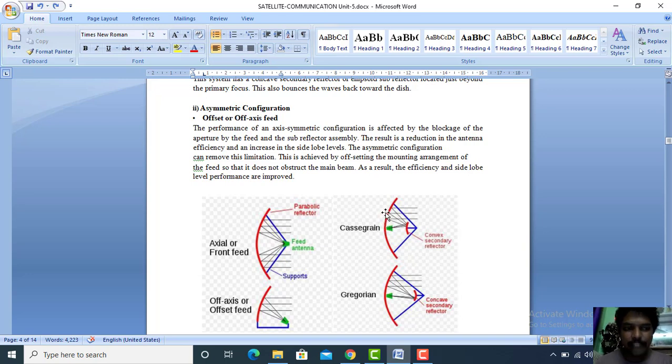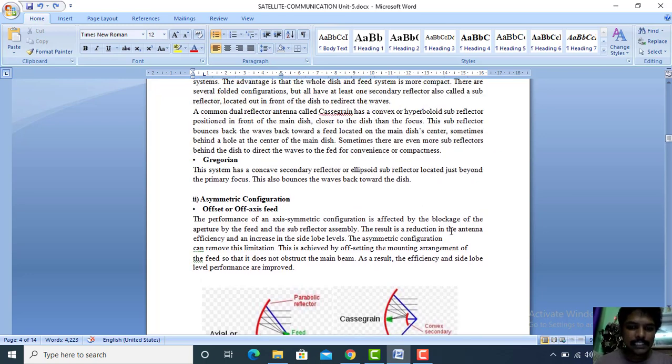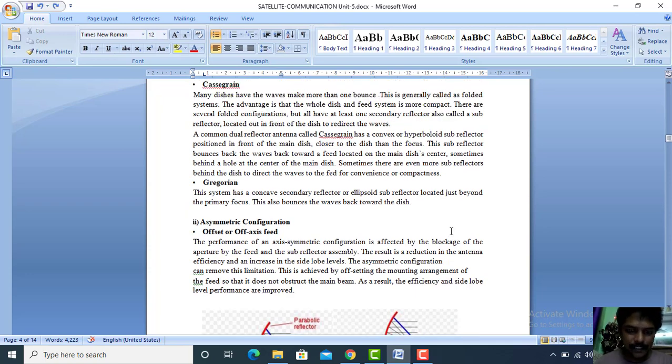From there it is given to space. This is called Cassegrain. We have a sub reflector, and from there the electromagnetic wave signals are given to the parabolic reflector and then to space.